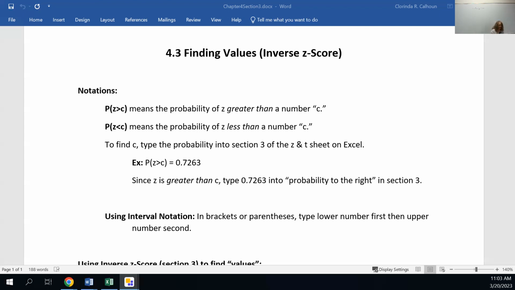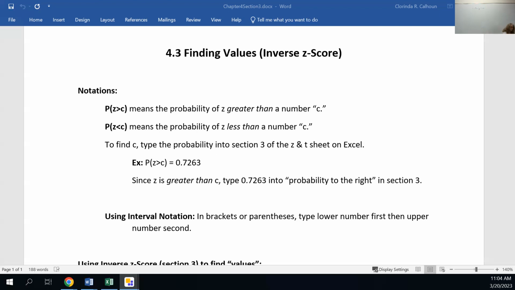So in order to find c, you would go into section 3 on the Z and T on Excel, type in that number under section 3, and the probability to the right, since this is greater than, and then underneath it'll give you your value for the z-score. Okay, so that's what we're looking for here. So you're looking for z in that kind of notation.